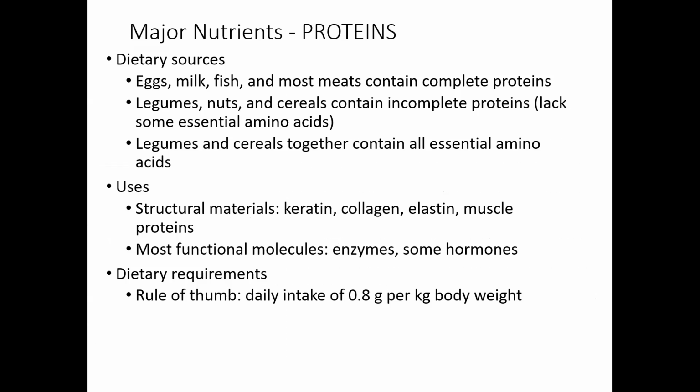Now, the thing about proteins is that proteins can either be complete proteins or incomplete proteins. A complete protein is one that has all 20 amino acids. An incomplete protein only has some of the amino acids, doesn't have all 20 in it. So we classify them as complete or incomplete.